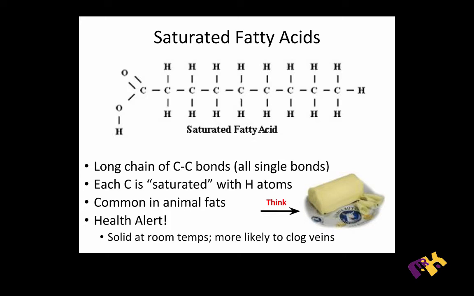Right? It'll form a straight chain. Straight chain fatty acids are saturated. Right? So each carbon is saturated with hydrogen atoms. It's common in animal fats. And also, it's going to be solid at room temp.